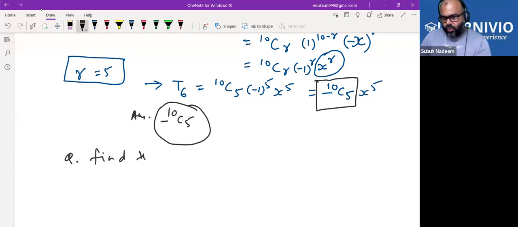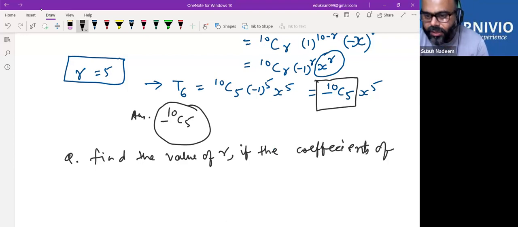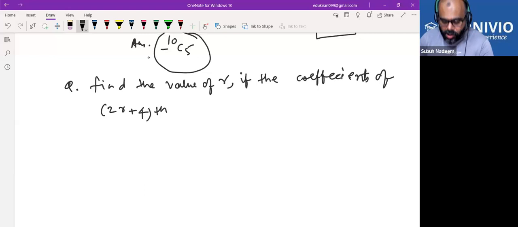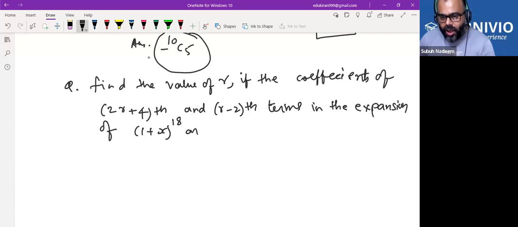Find the value of r if the coefficients of (2r plus 4)th and (r minus 2)th terms in the expansion of (1 plus x) to the power 18 are equal.